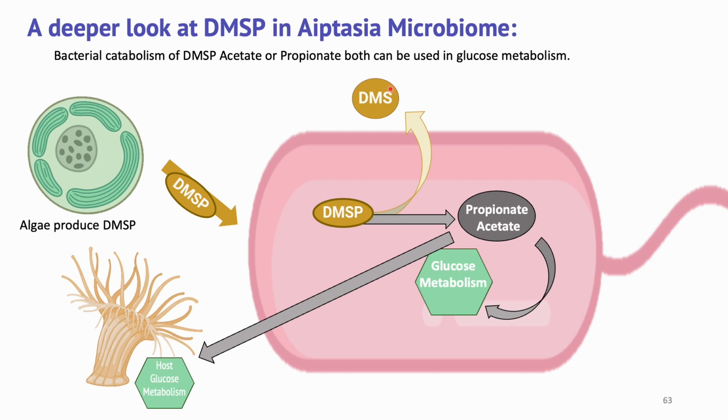But DMS has a lot of anti-climate warming effects. And the primary creator of DMS is marine bacteria that are degrading the DMSP that marine algae are creating.